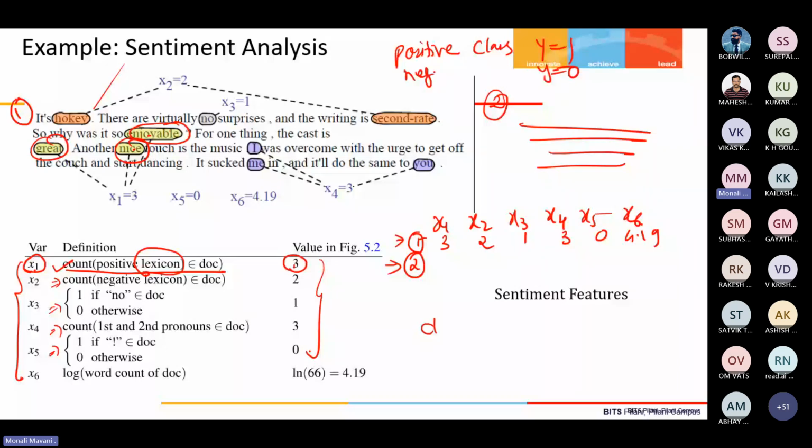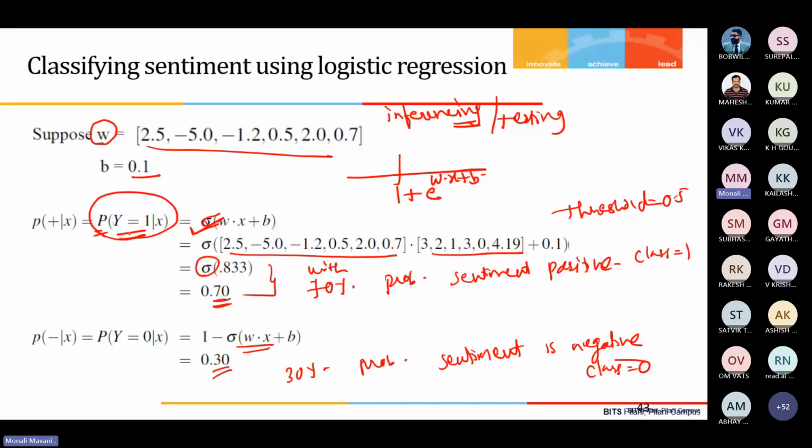Generally when the data set is given, this kind of information will be available to you, what you will consider as a positive class. Here I have assumed positive sentiment is a positive class, which is y equal to 1. So we are getting the probability of a 1, that means it's a positive sentiment, as 0.7. So that's 70% probability for a positive class. Okay, got it. Thank you.